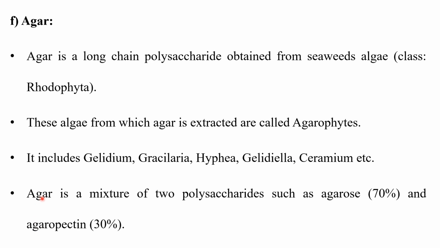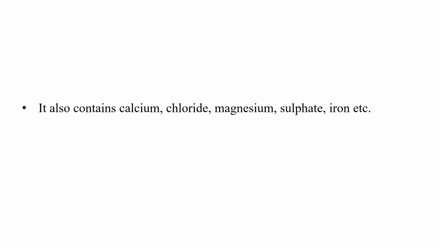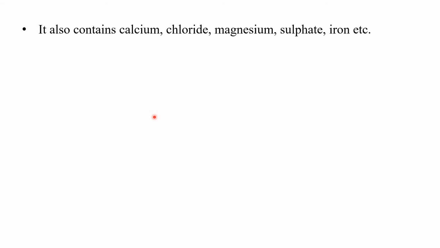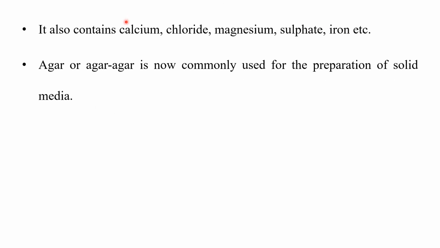Agar is a mixture of two polysaccharides, agarose and agaropectin. The concentration of agarose in agar is 70% and the concentration of agaropectin is 30%. In addition to this, it also contains calcium, chloride, magnesium, sulfate, iron, etc. Agar or agar-agar powder is most commonly used for the preparation of solid media.